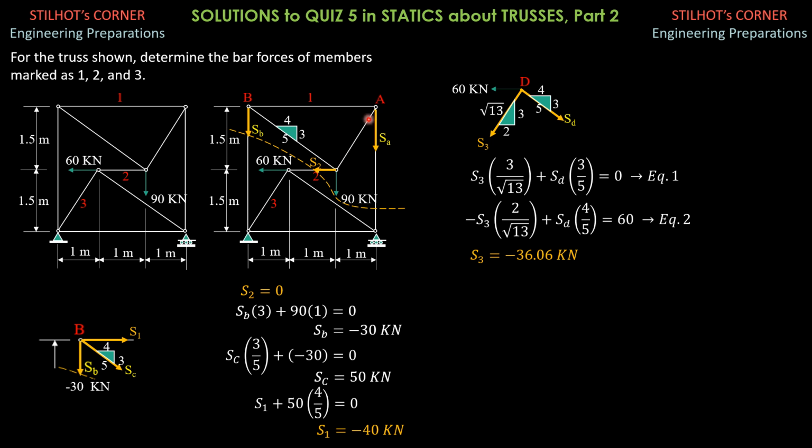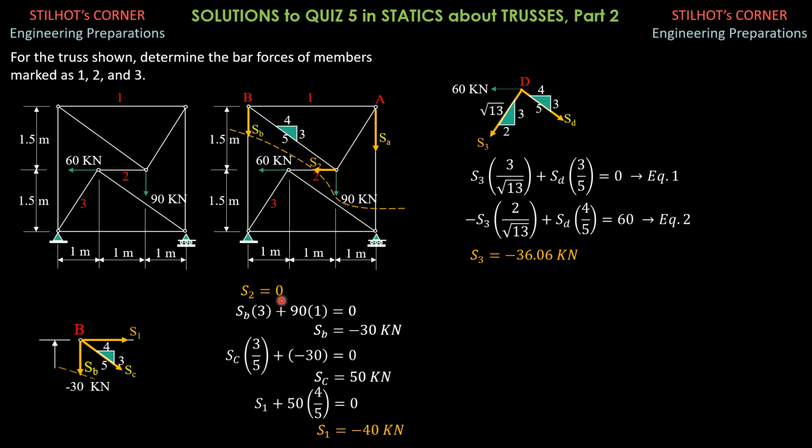This is S2 originally, this is SA, and the joints I also label as A, this one is B. So summation of forces horizontal, because these two are vertical, equals 0. There's no other force that is horizontal above this section here, so therefore S2 is 0.